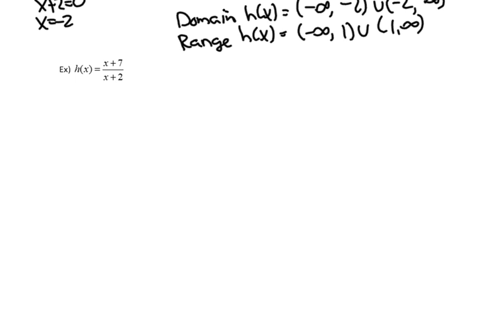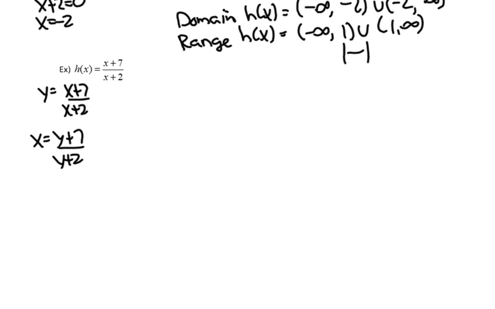Okay, we know a rational function is 1-to-1. We've already shown that in the last video. So what I would like to do is to replace the function notation with y. Okay. Interchange the domain and the range. Keep in mind there are two y values.